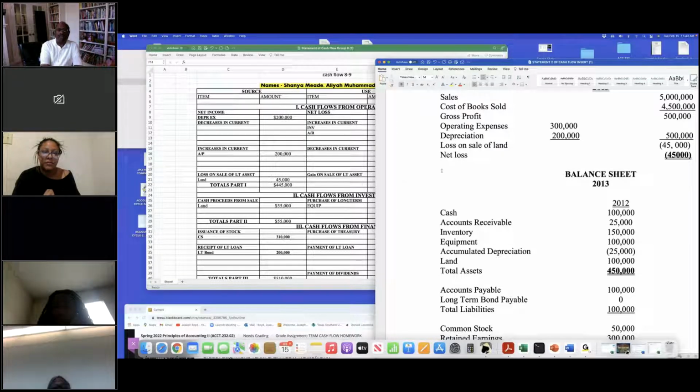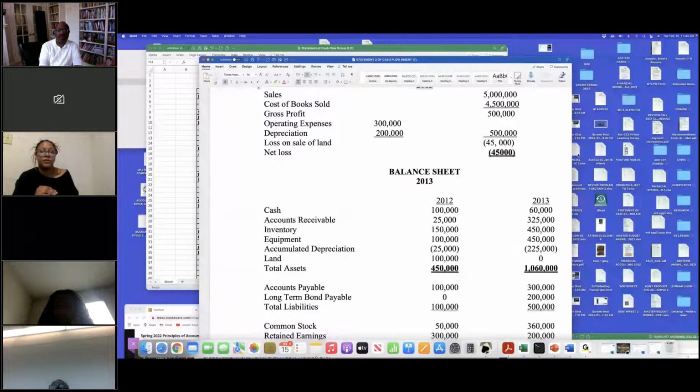So if you lose money, then you subtract the loss from the cost of the land. Those are our sales proceeds, 100 minus 45, 55. If this were a gain, you would add it to the cost. So you have to determine which one of those situations you have.